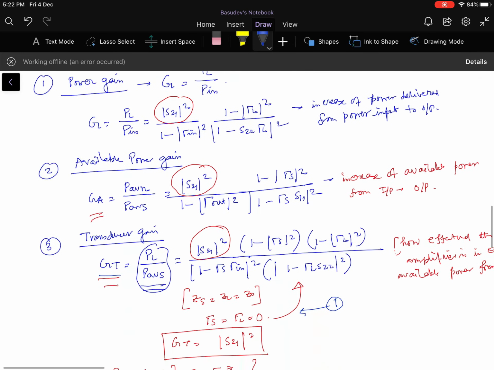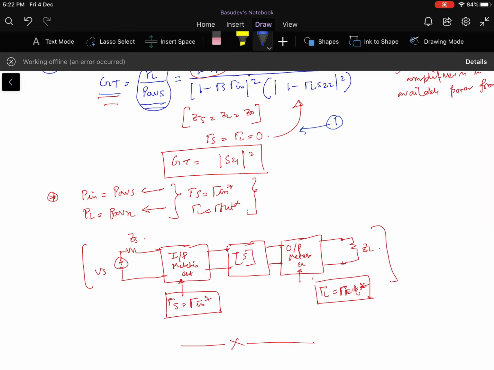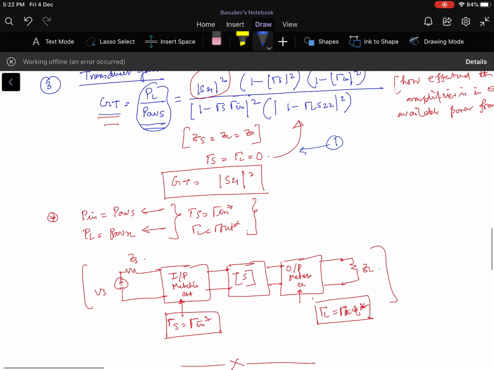In the expressions, if you put tau s and tau l as 0, you get the transistor's intrinsic gain, which is mod of S21 square. Physically, tau s equal to tau l equal to 0 signifies that there is no load reflection and source reflection, but this is not possible because we cannot always directly match the source to the transistor.